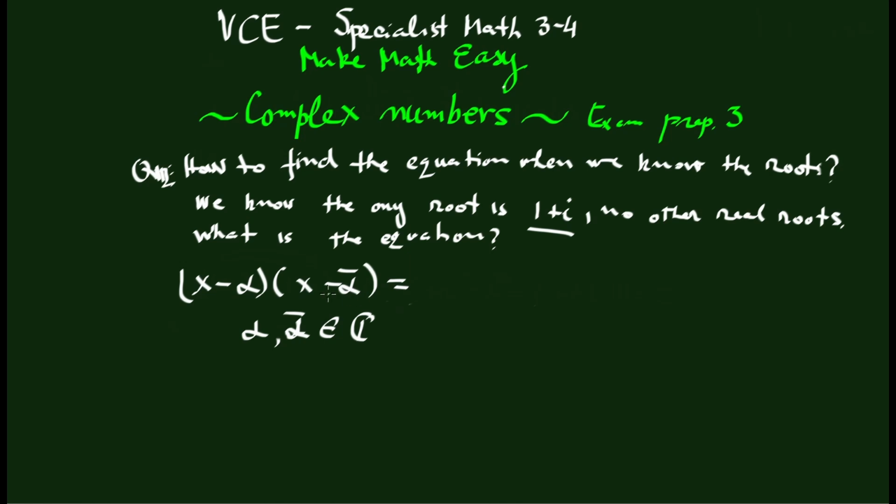So that's because the roots have to be opposite, right? So you have x minus 1 plus i times x minus 1 minus i.